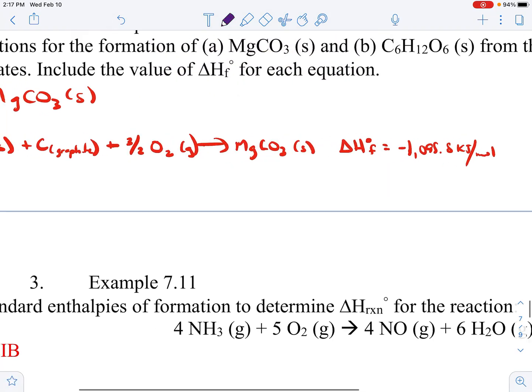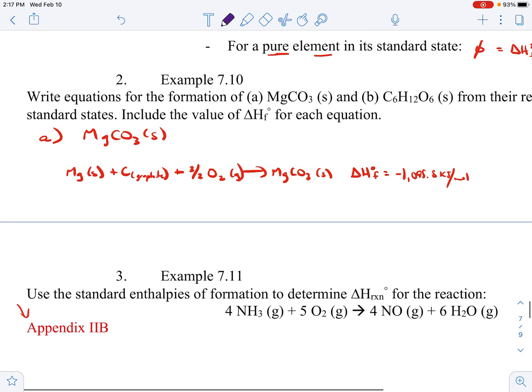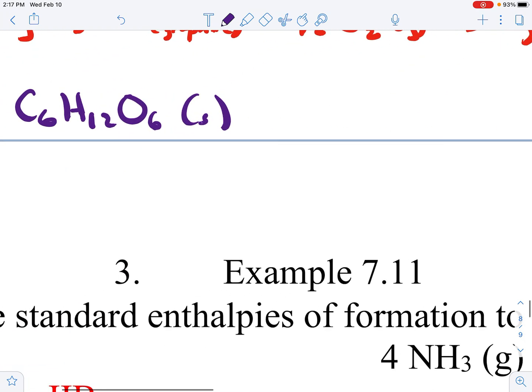So let's change colors here. Now we're doing C6H12O6, a simple sugar, and it's a solid. Again, we start with carbon in our graphite form, but we need 6 of those, so we're going to put a 6 out front.